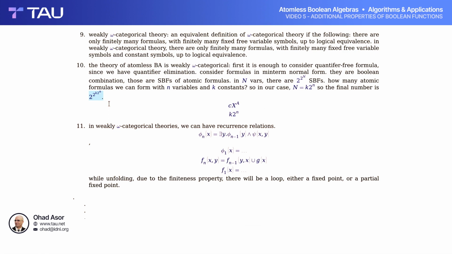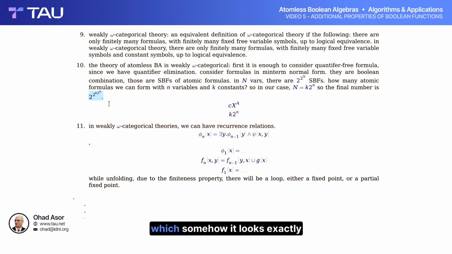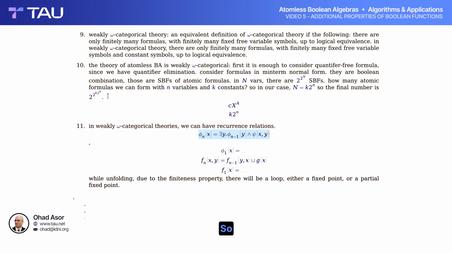But I can say that in the case of interest, which we will show in the guarded successor, which somehow looks exactly like this, in some simple cases, you reach a fixed point surprisingly fast. I don't know for now what exactly is going on there. I could prove it for a special case, but I can say that empirically, the formulas of interest converge much faster. So maybe this bound is not a good upper bound. I don't know.